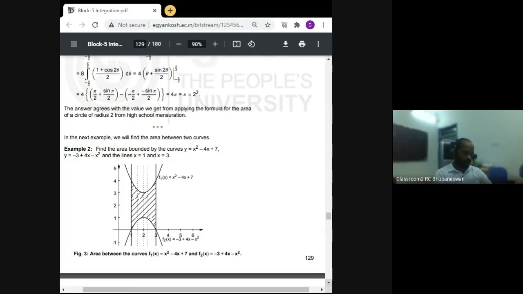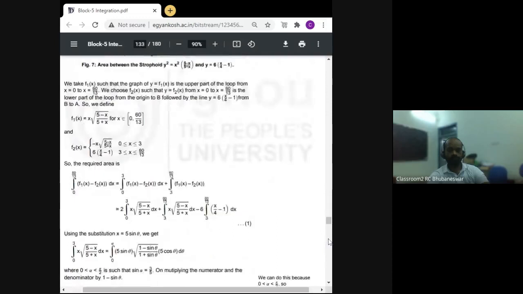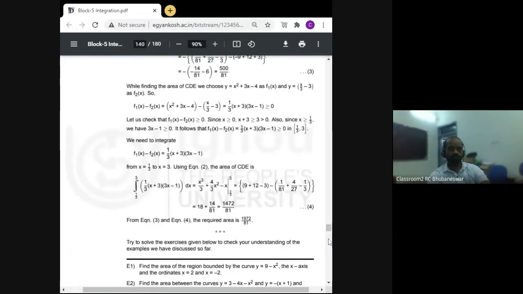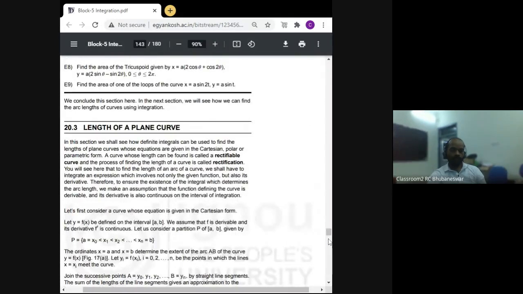So we are moving towards the calculation procedure for the length of the curve using the integral sign, and it was discussed on page number 144. So let us move to page number 144. Length of a plane curve.